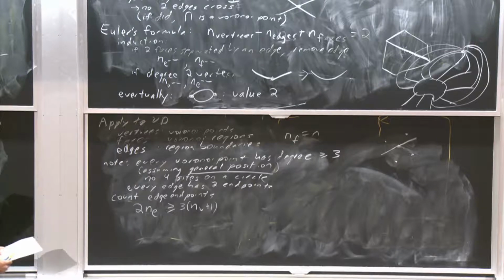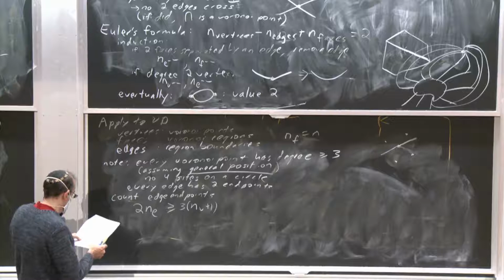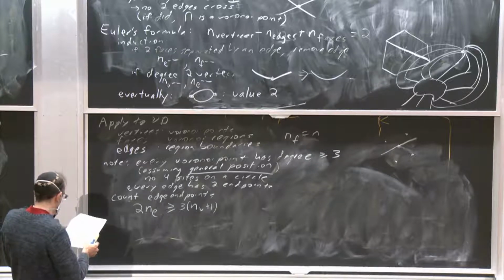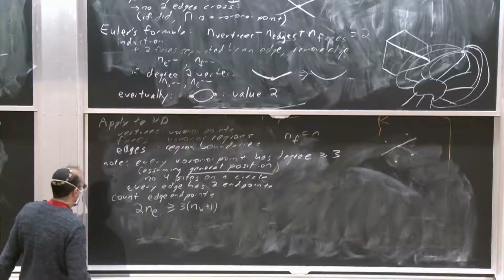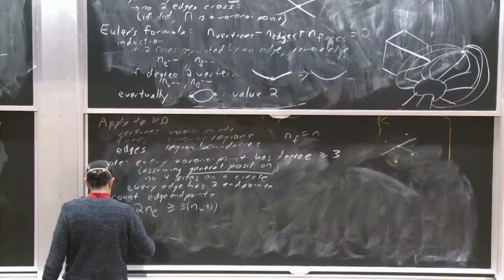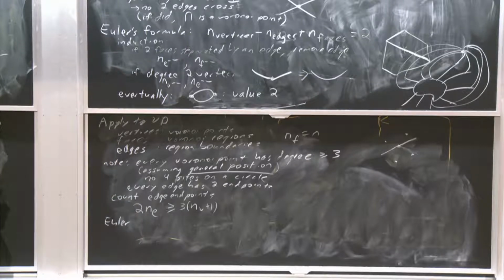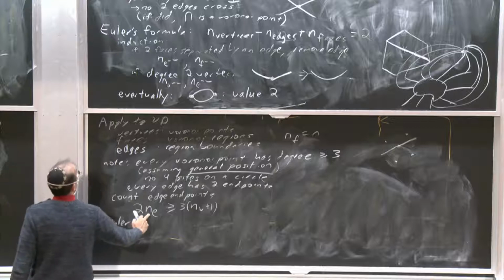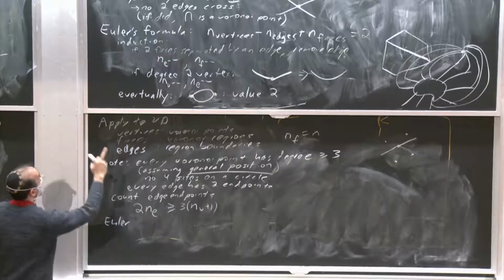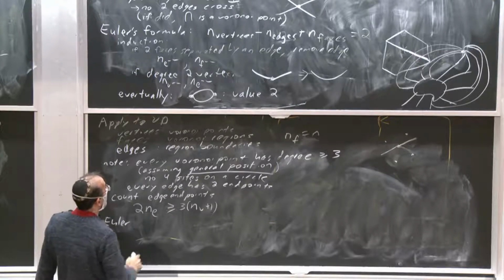So now that I've counted these both ways, right, now I'm going to use Euler's formula. Okay? Euler's formula relates all these different quantities. In particular, I can replace the number of edges by all of the other quantities that show up in Euler's formula, right?